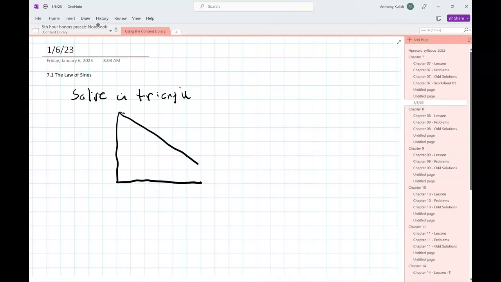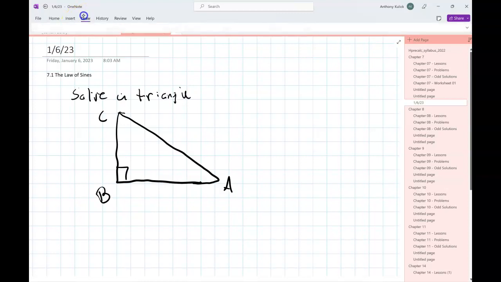What that meant is to find all the side lengths and angle measures for that triangle. If we had a right triangle, this is pretty easy, right? For a right triangle, all you need is SOHCAHTOA and the Pythagorean theorem, and you're pretty much good to go. Everybody remember doing that in first semester and/or geometry?